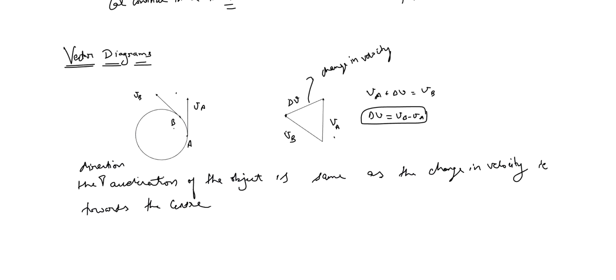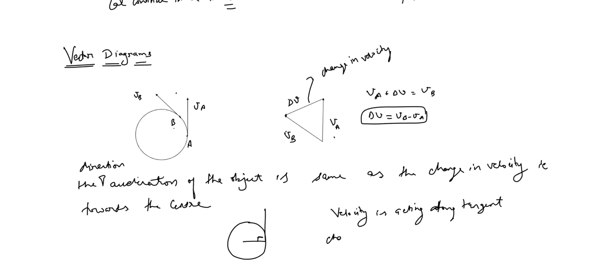Now, if we consider the change in velocity, do you know the relationship between radius and tangent? If this is a circle, they are at 90 degrees. Radius and tangent are at 90 degrees. So here we can see that velocity is acting tangentially, and change in velocity is acting along the radius, 90 degrees to it.